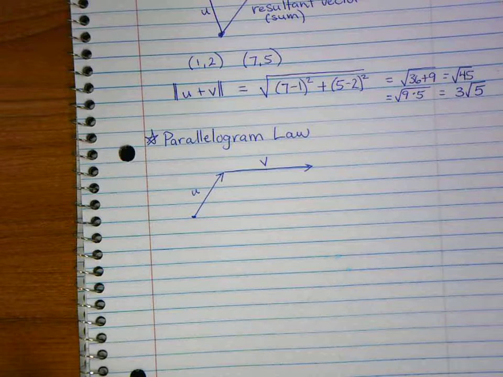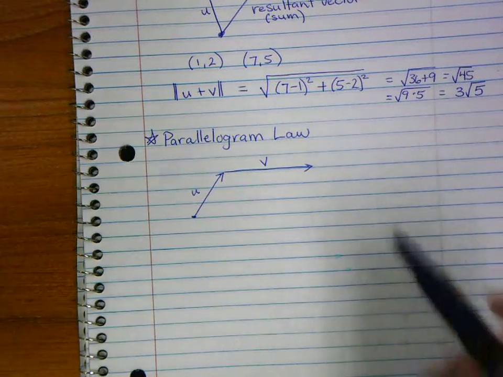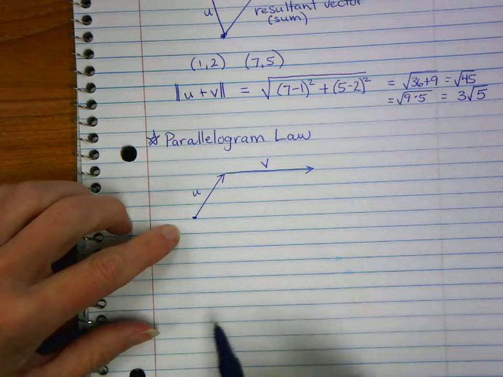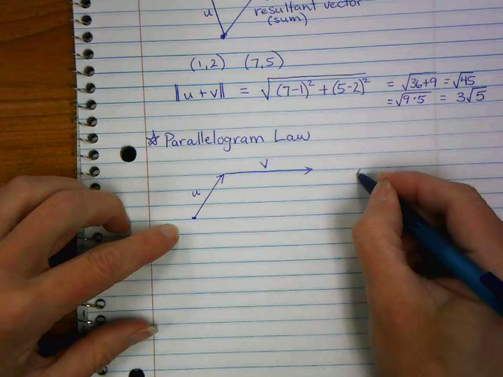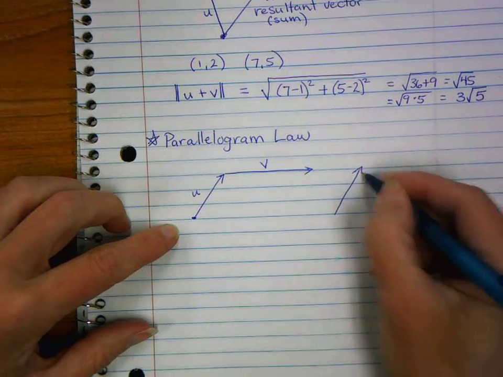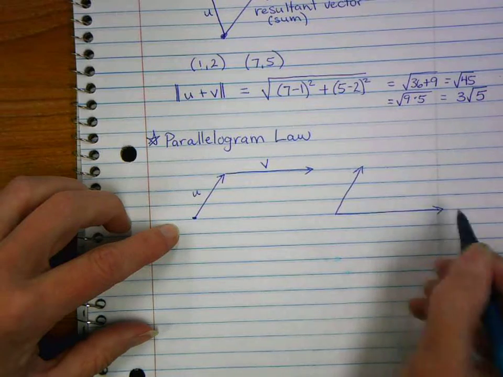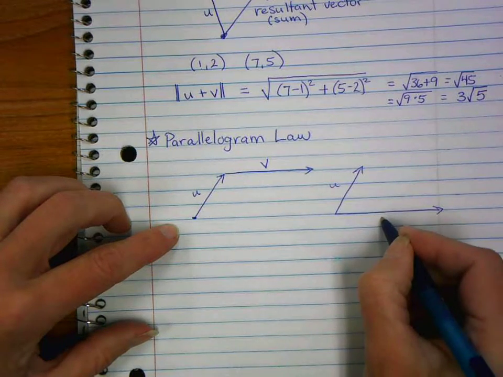Or I could put them end to end. This is how we did it before. Or I could redo this. I could put them end to end this way. Here's u. Here's v.